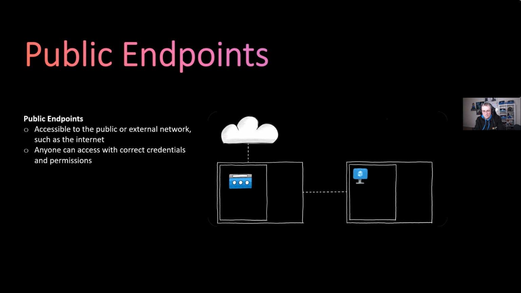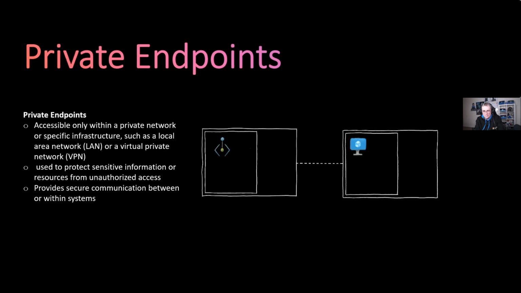And then the converse of public endpoints are private endpoints. These are endpoints that aren't accessible from the internet. So they might still be able to get out to the internet to download patches, to query things themselves, but they are protected within Azure. So the only way to access them is either through another resource in Azure or through a VPN gateway or similar kind of connectivity.